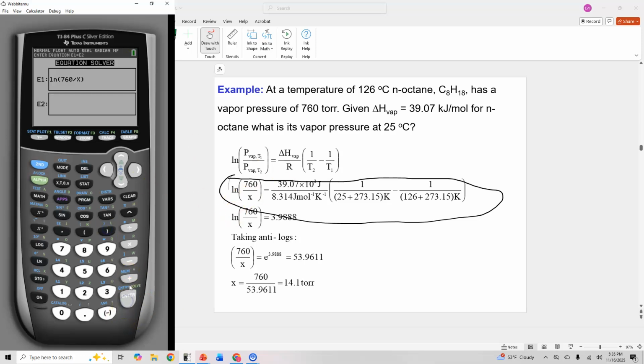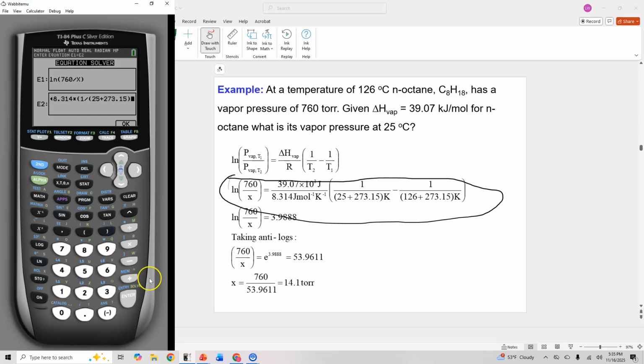And then now we're going to put in our right-hand side. So it's going to be 39.07 by 10 to the 3, divided by 8.314, multiplied by 1 over parentheses 25 plus 273.15.